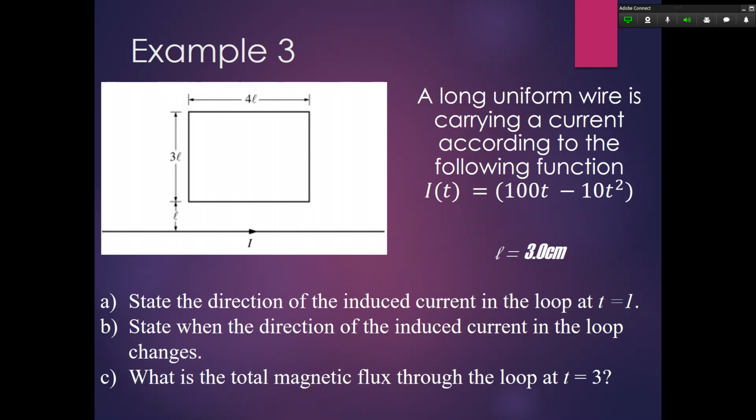It's asking what is the total magnetic flux, which means that it's asking us for phi. And our equation for phi is the surface integral of B dot dA.